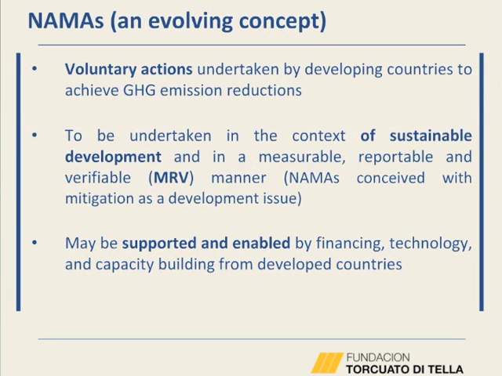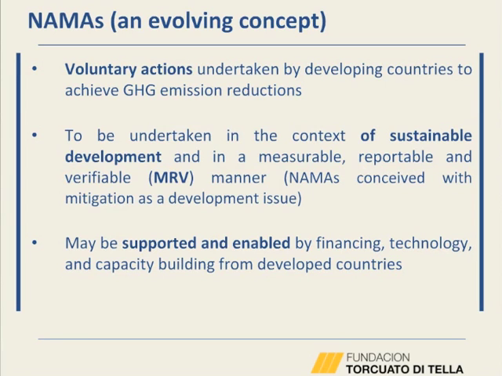They are basically voluntary actions undertaken by developing countries to achieve greenhouse gas emissions, GHG emissions reductions, and they are supposed to be undertaken in the context of sustainable development and in a measurable, reportable, and verifiable manner. This is known as MRV.